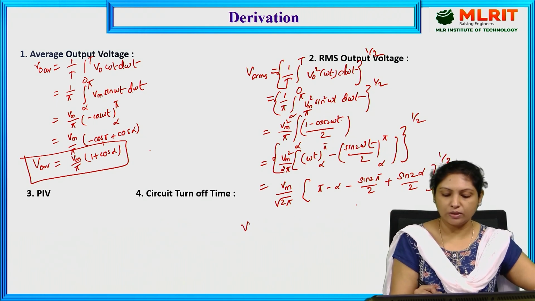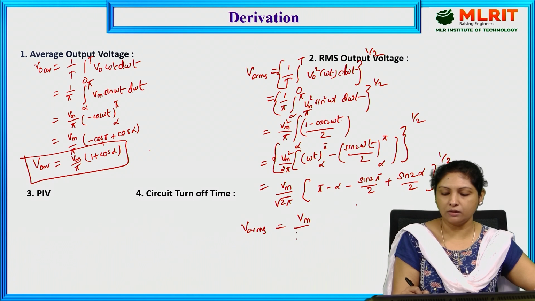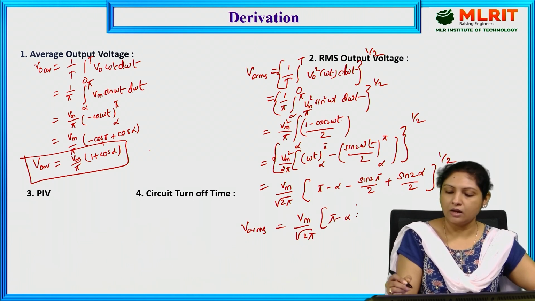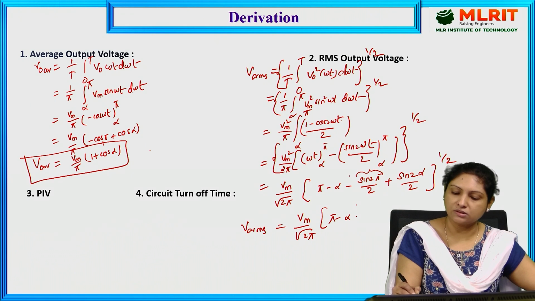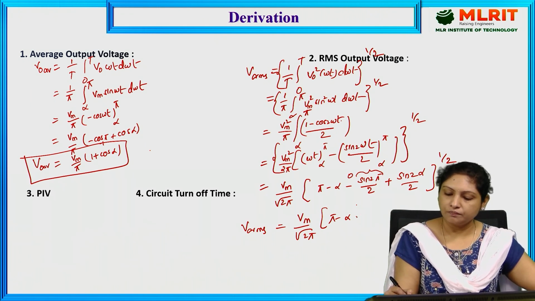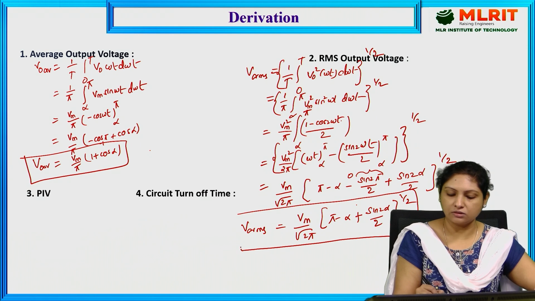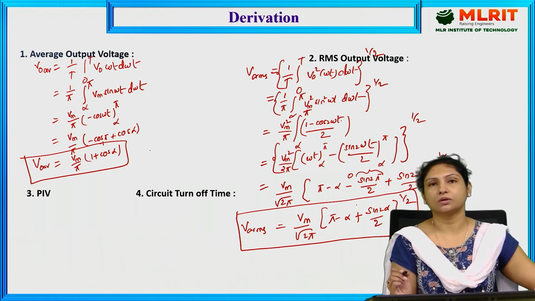So V naught RMS equals Vm by root 2 pi, pi minus alpha, and sine 2 pi value is 0. Neglecting this, we get plus sine 2 alpha by 2 whole to the power of 1 by 2. So this is the V naught RMS expression for single phase fully controlled converter.